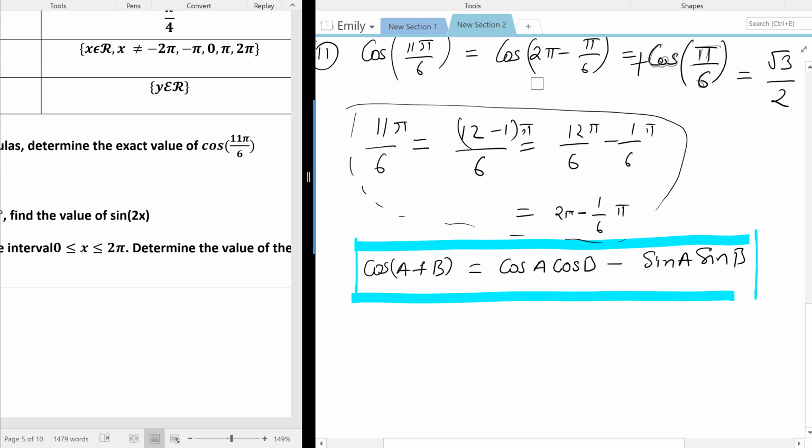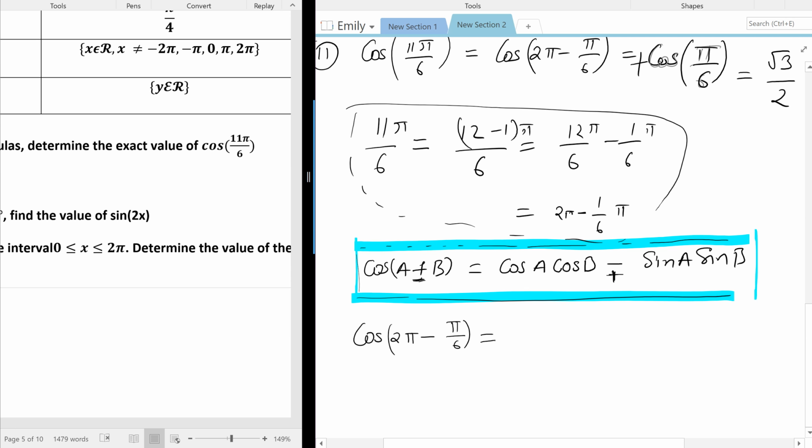According to that statement, A is 2 pi, and B is pi over 6. Now if you have minus there, you put a positive sign right there. If you have a positive sign, you put negative here. It's kind of opposite, and that's the rule for the cosine compound angle formula.